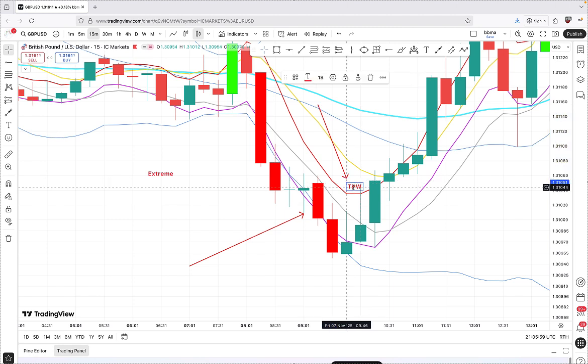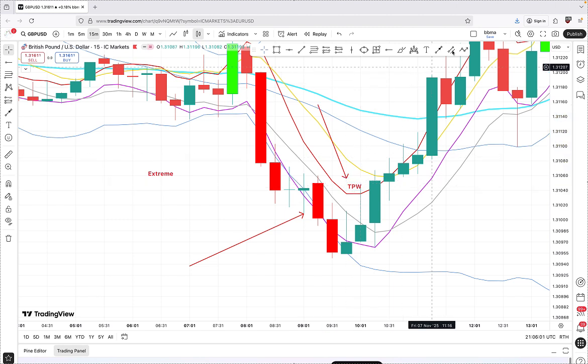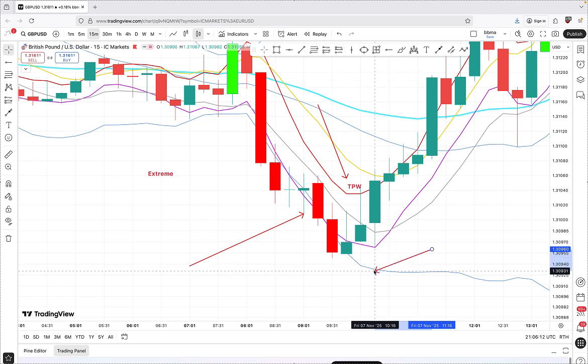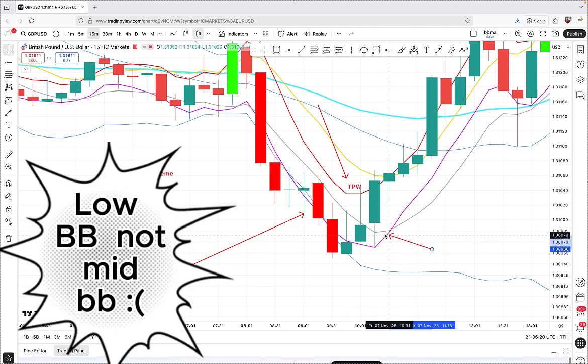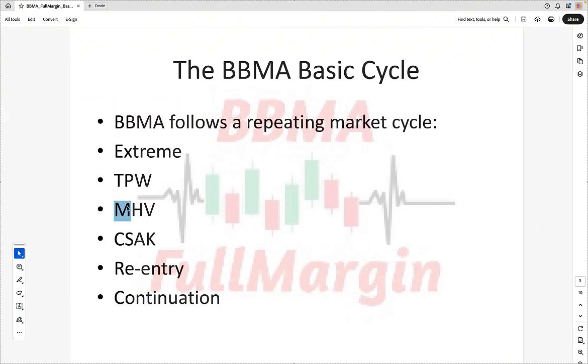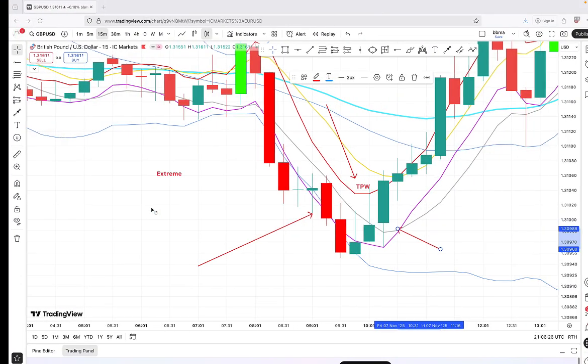So anyways, this is TPW, and you see over here the market didn't break this MA510 low or mid BB. Whenever the market is not able to break MA510 low or mid BB, this means the market is losing volume. This is what we call MHV.